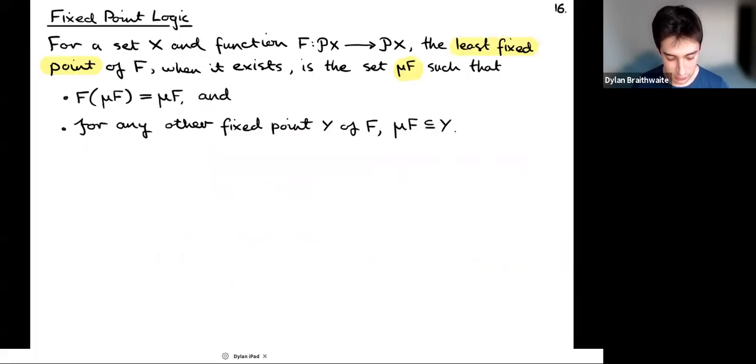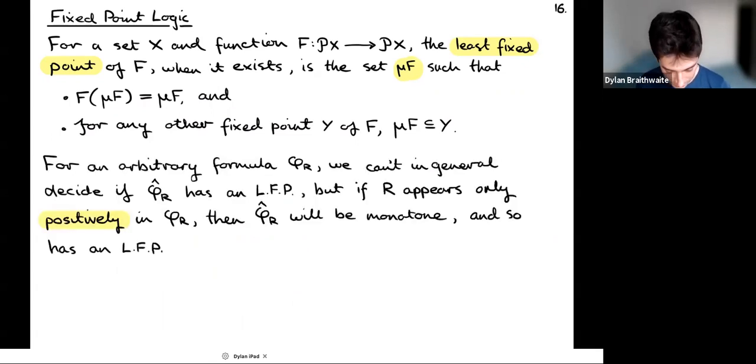And so we'd like some sufficient condition in the logic to say when we can syntactically form something that should give us a fixed point. The exact way we can do that is by saying that the relation symbol, the new one, must only appear positively. That means it only appears under an even number of negation operators in any formula. In that case, the associated function on the powersets will be a monotone function, and so has a least fixed point.